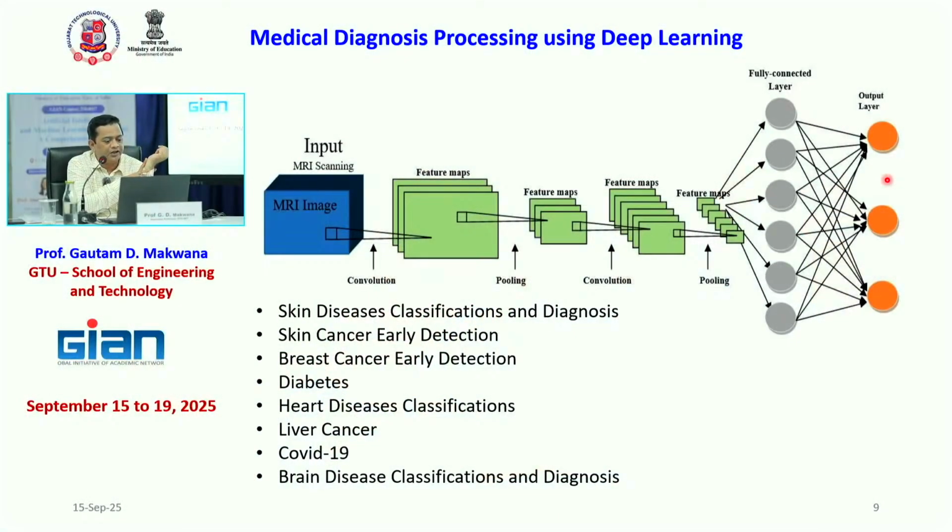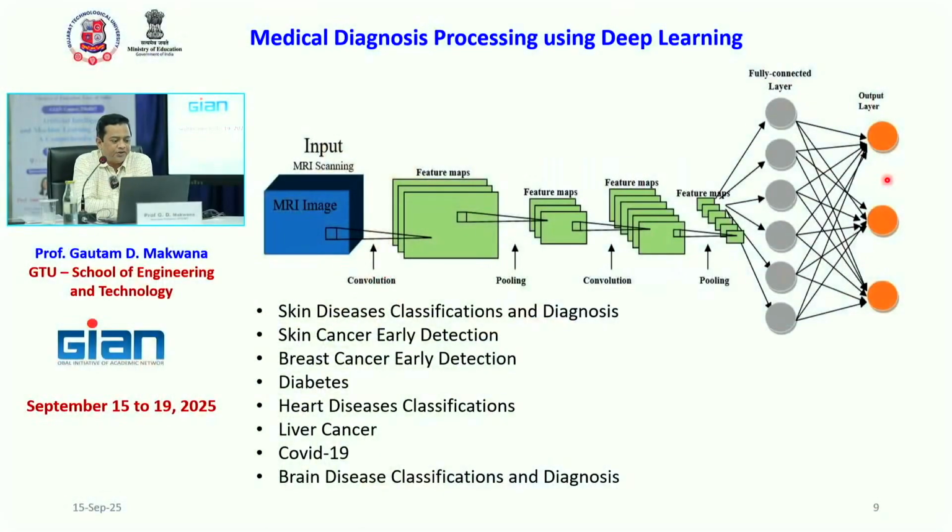Skin disease classification and diagnosis. So today I just discussed the domain of the applications. In the next lecture I will discuss the use cases specific to the disease point of view. Skin cancer early detection.